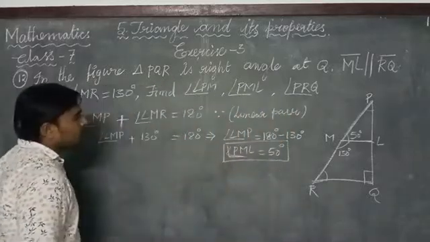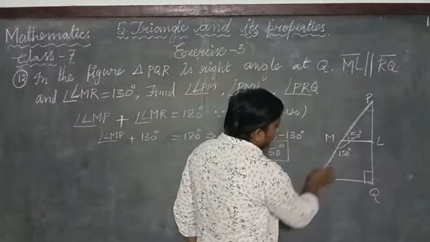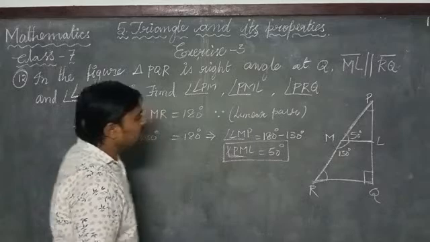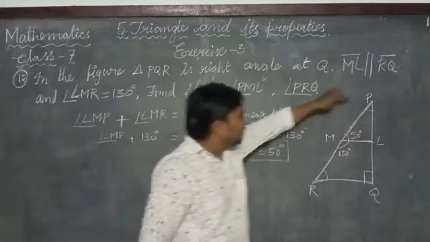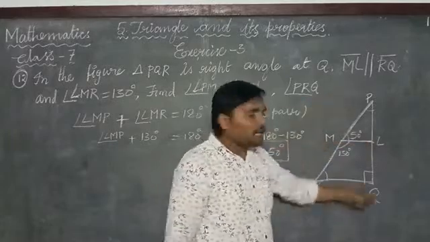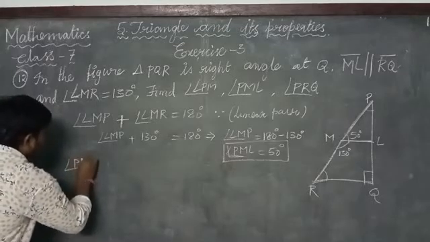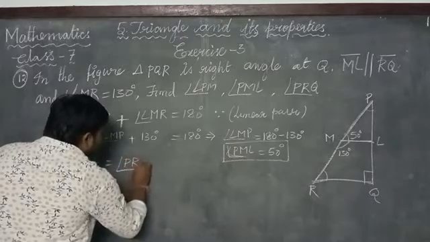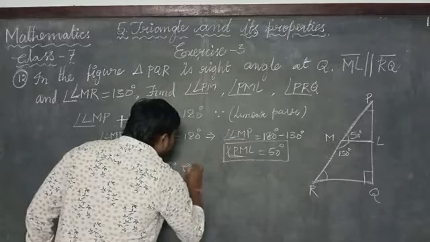Now suppose if you observe these angles, these two angles are corresponding angles. So from corresponding angles, angle PML is corresponding to angle PRQ. Angle PML equals angle PRQ, since they are corresponding angles.